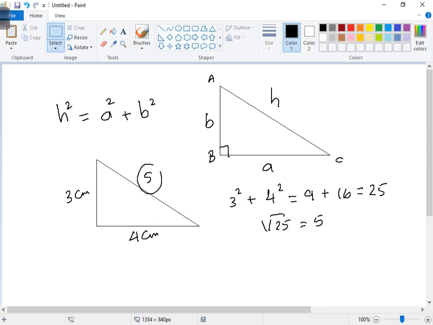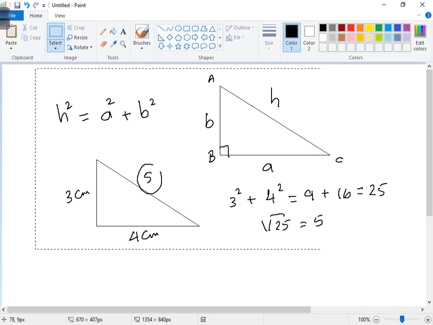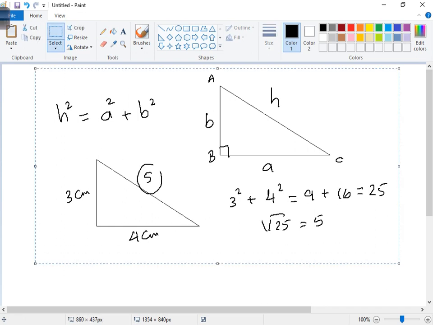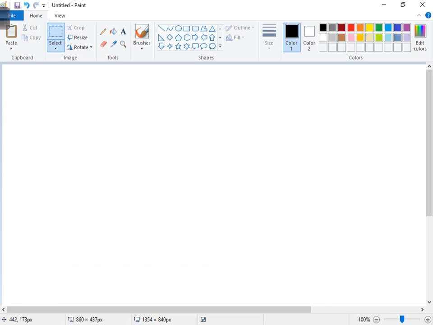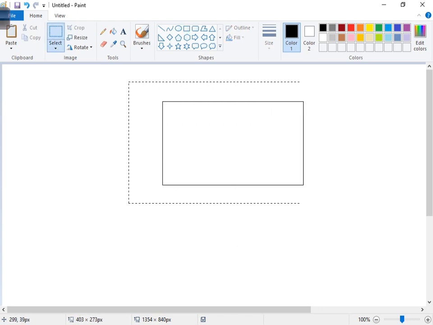Now we can do something different, one of the challenging ones. If we have a rectangle, let us copy it.